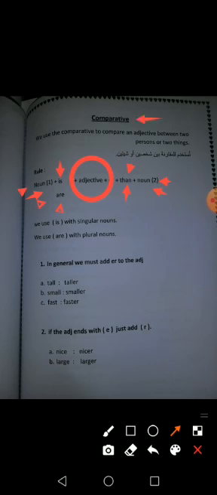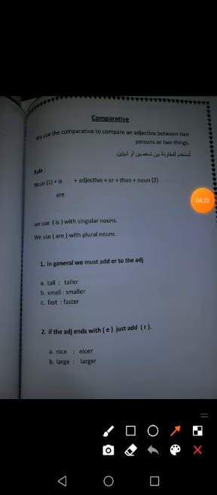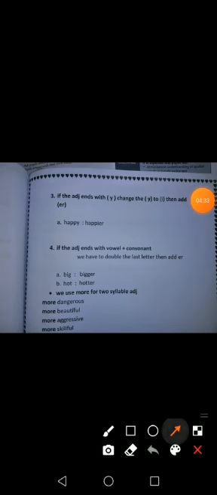Okay? So, we have change in the adjective. So, in the adjective, either you add er or you use the word more. Look here, more. Okay, so when to add er and when to add more.